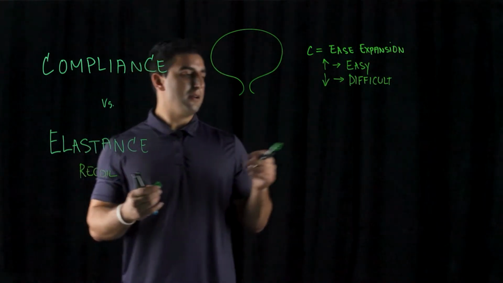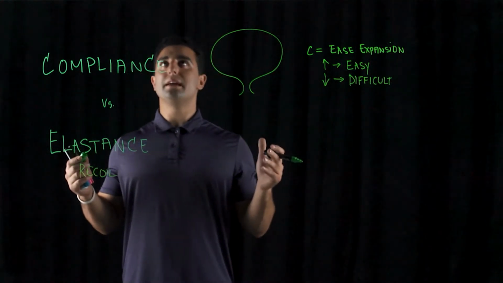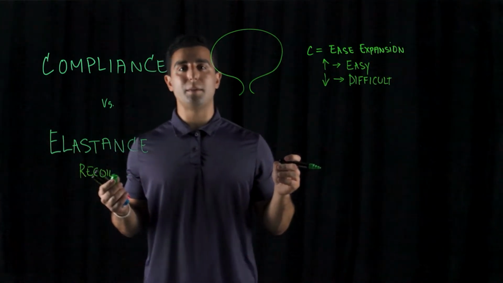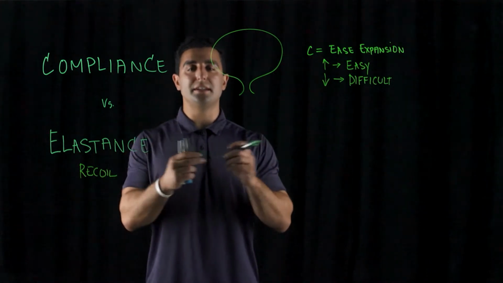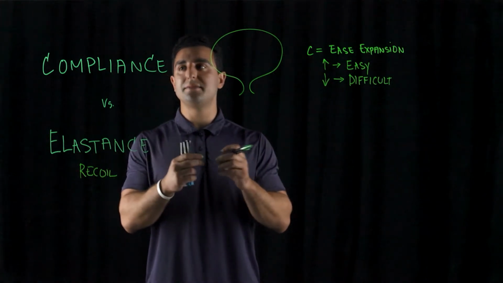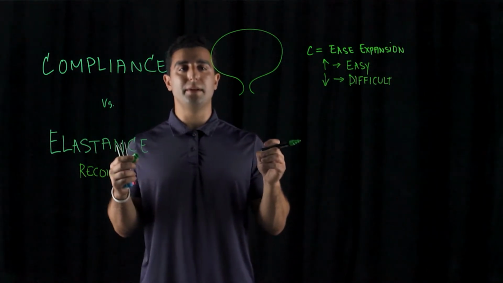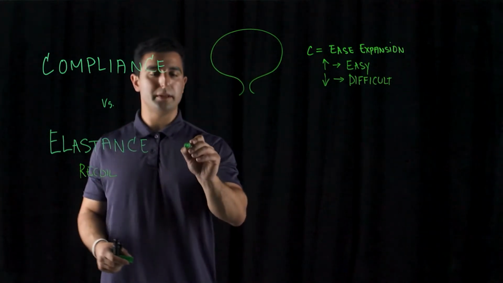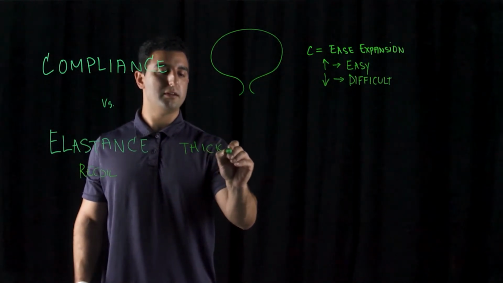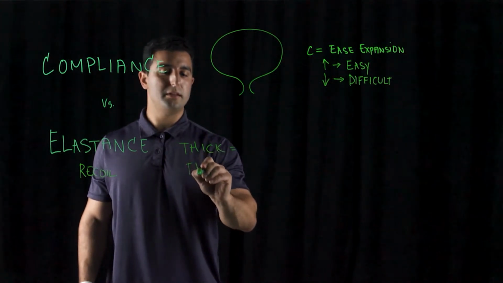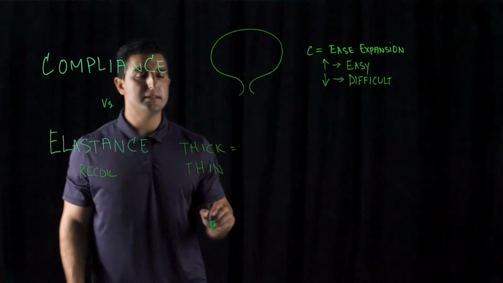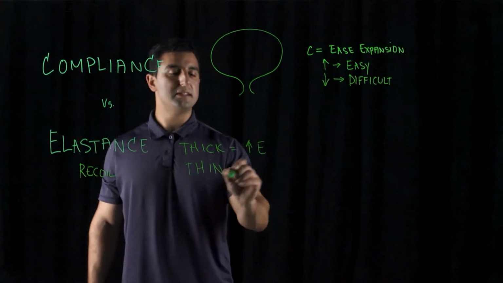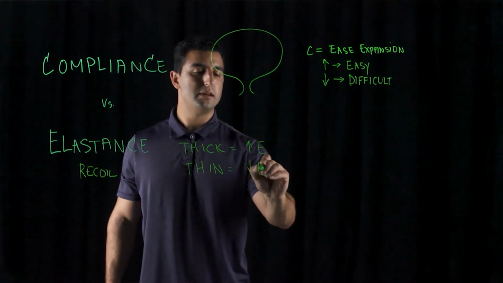So when you look at, for example, a very thin rubber band versus a very thick rubber band, if you know its resistance, it has either a high compliance or a low compliance. This thick rubber band has very high elastance, versus this thin rubber band, which has very low elastance.